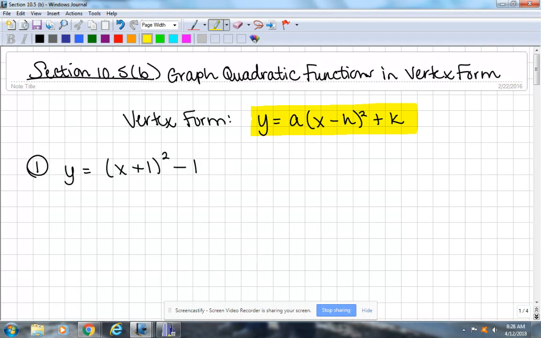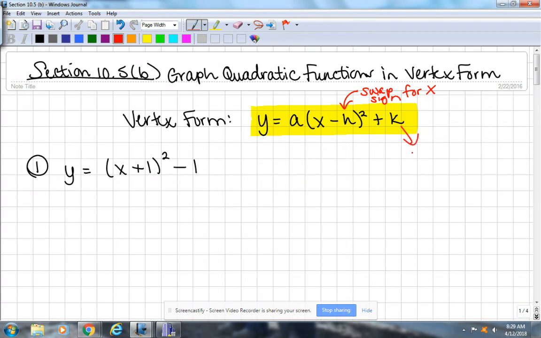The only thing is this h and k business. The h is in the parentheses with the x. So whatever this h is, you swap its sign, and that's your x value for your vertex.